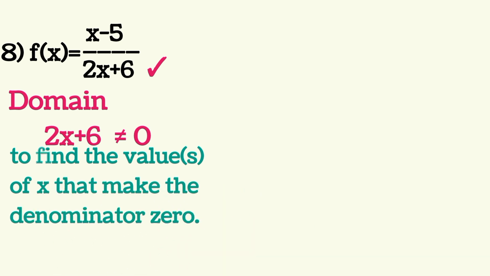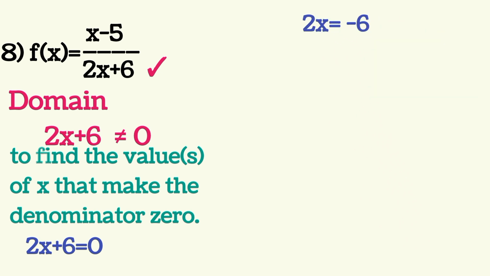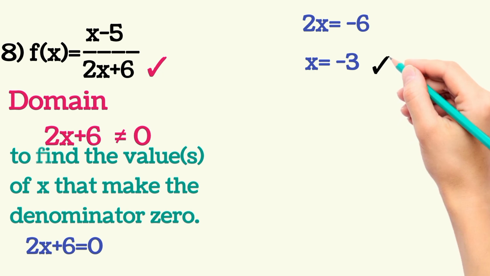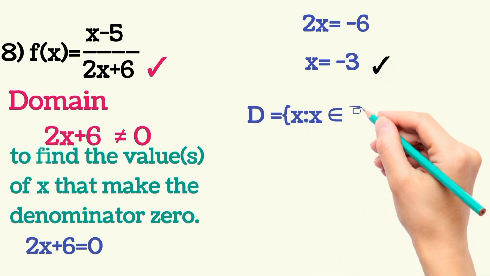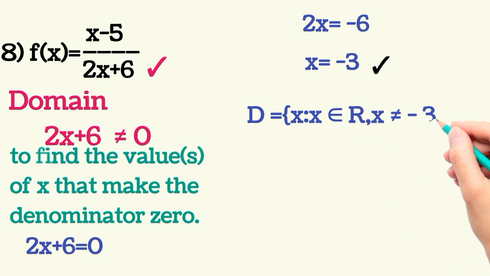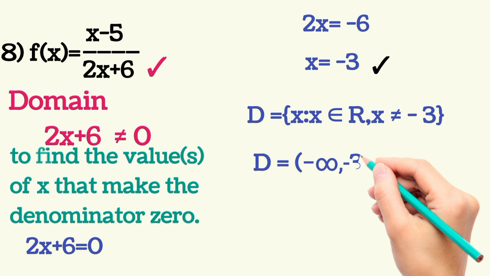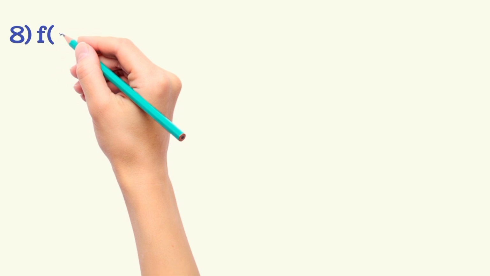For that we will put 2x + 6 = 0, which will give 2x = -6, or x = -3. So -3 should not be taken in domain. That is, domain is x such that x belongs to R, where x is not equal to -3, or domain is minus infinity to -3 union -3 to infinity, where -3 is not included.